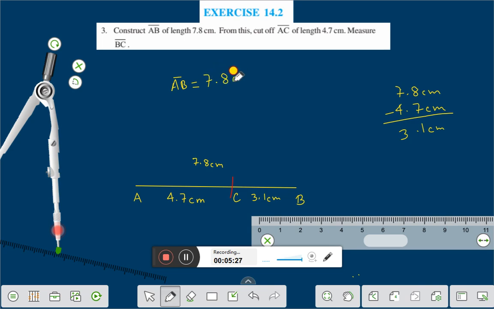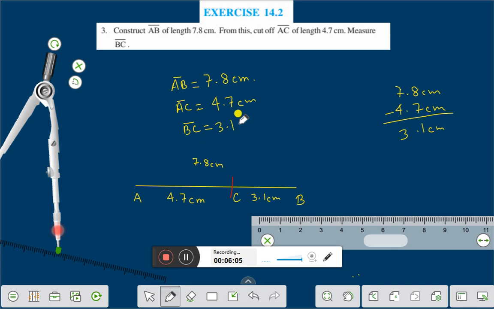From this we cut off AC, the line segment AC is equal to 4.7 centimeter. And the length of BC or CB of this line segment will be 3.1 centimeter.